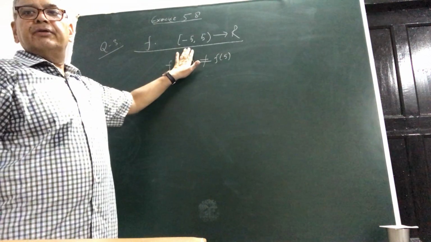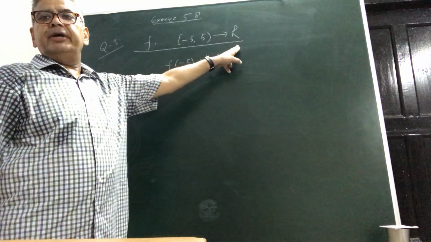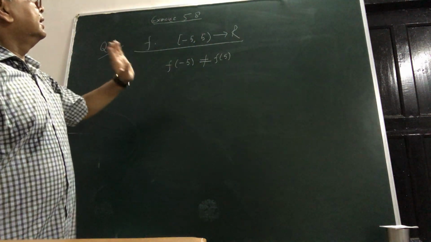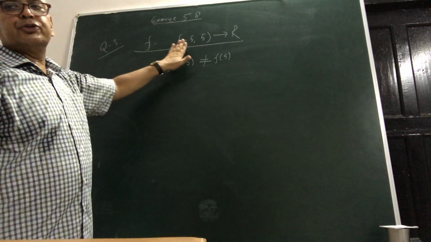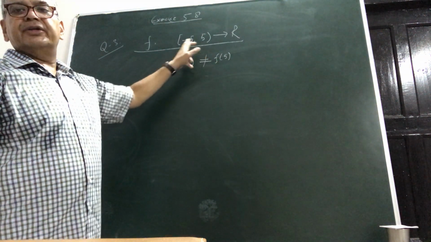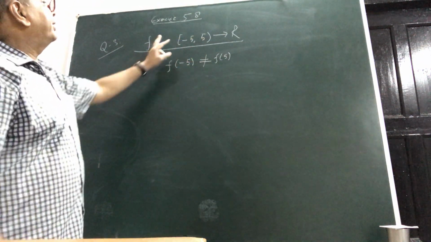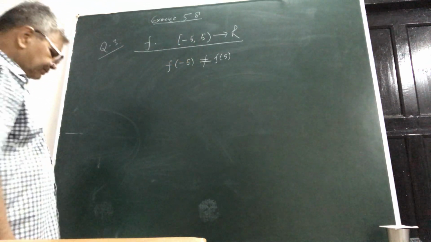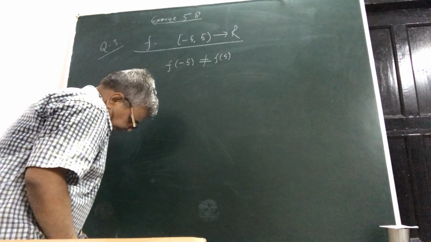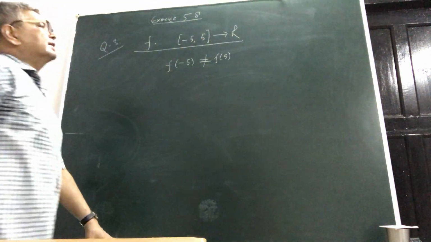Now see, in question 3, this is your function. What is its domain? The closed interval minus 5 to 5. And what is its codomain? The real number set. Now, it has been given that it is differentiable. So the first two conditions of Rolle's theorem are satisfied, because the function is differentiable, so it is continuous, and it is differentiable in the open interval. It is a closed interval, please make this correction.